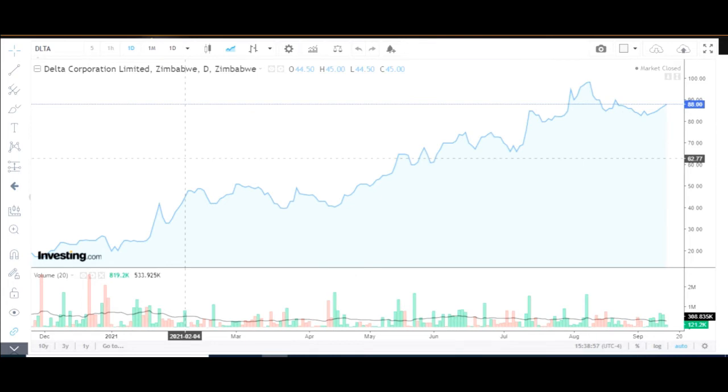Now that we have opened the technical chart for Delta, you would see that using this line graph, the price has been going up since the beginning of the year, and currently it is slightly retracing from its all-time high that was achieved in August of 2021.